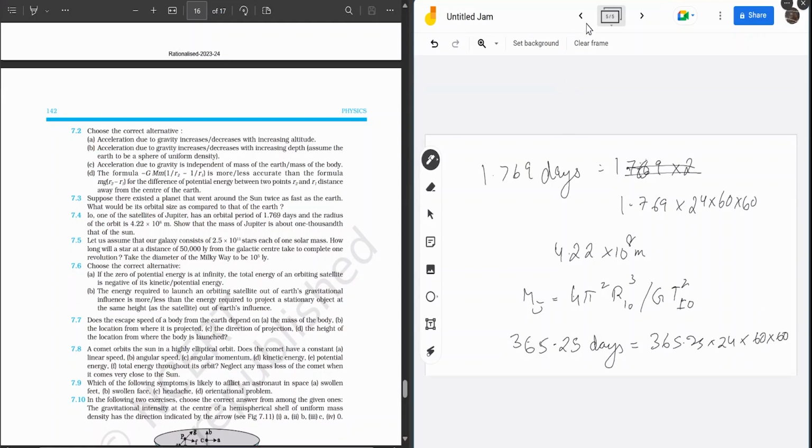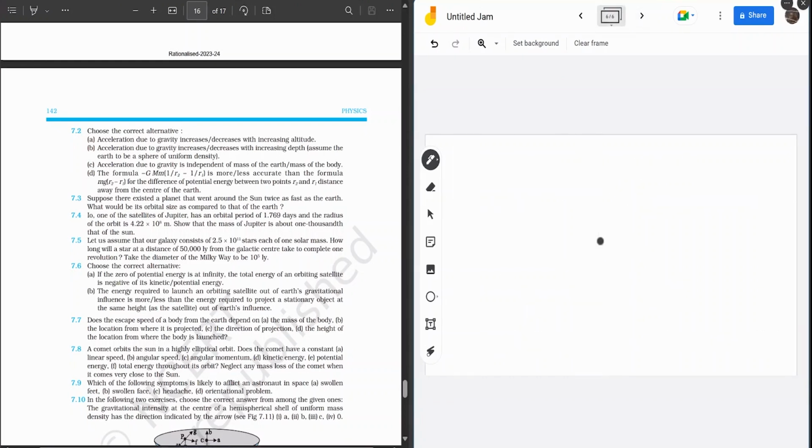Okay, now orbital radius of Earth is 1.496 into 10 to the power of 11 meter. Okay, now mass of the sun is 4 pi square r of Earth cube divided by G into T of Earth square.